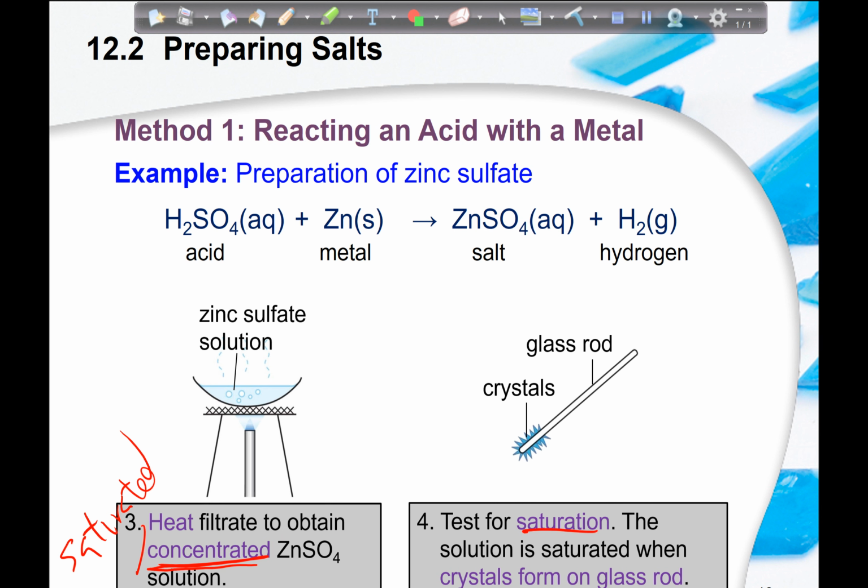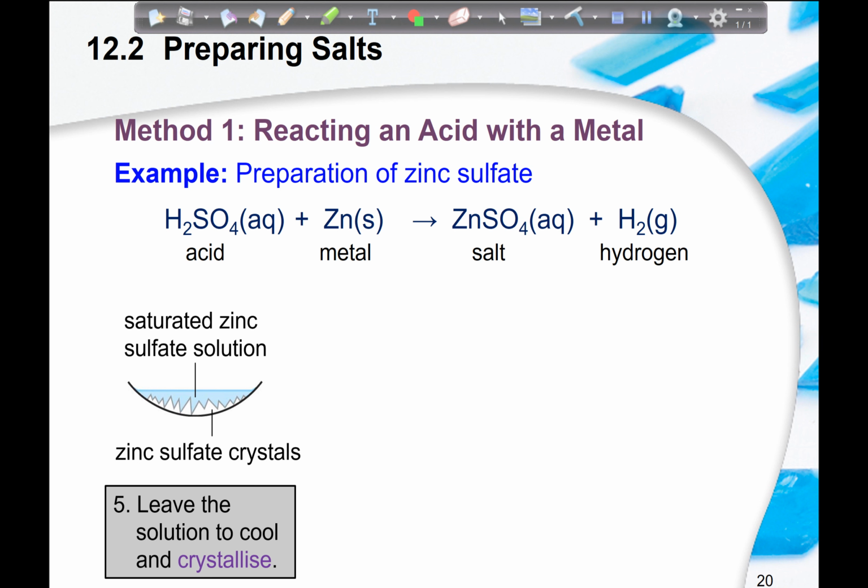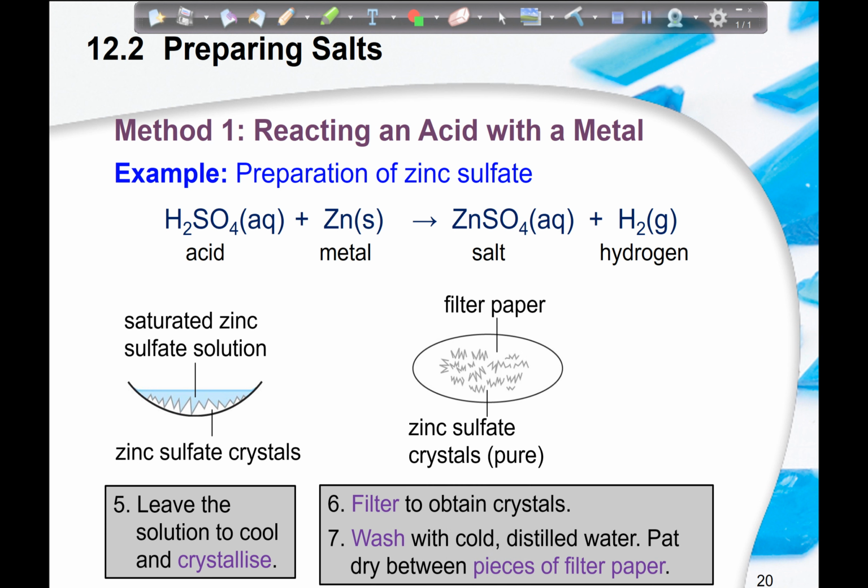There is also a test for saturation here. After that, I will let it cool to crystallize and then filter again so that I can get my crystals. I say again, the steps are pretty generic. What is important is that we are able to identify the starting material. Thought process number 1: identify if the salt is soluble.